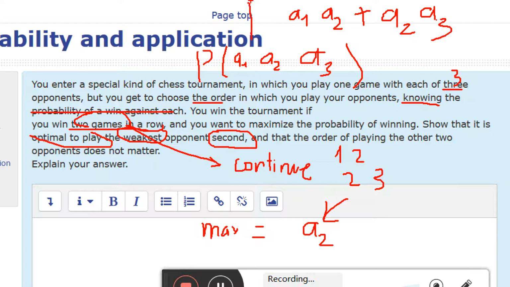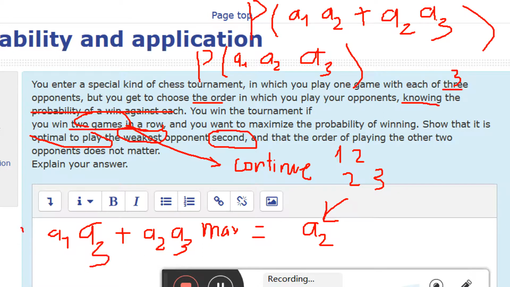Here is the probability you win in this order. And if you choose A2 in a different order, for the first and the third, you win A1 and A3 plus A2 and A3. That is the probability you win if you change the order of the second opponent, the weakest opponent.